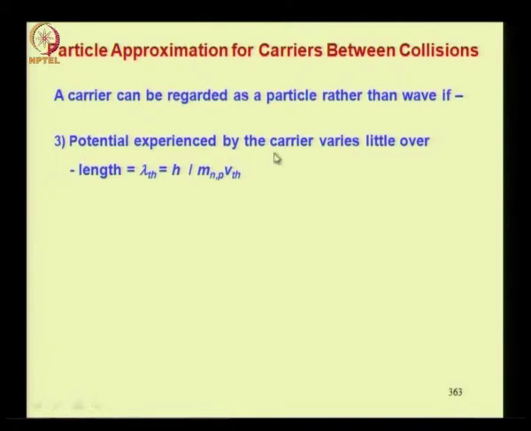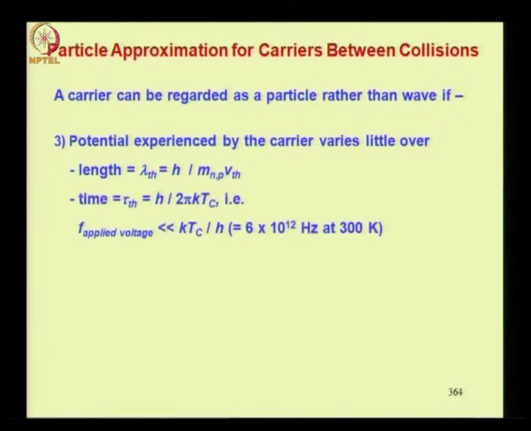The potential experienced by the carrier varies little over the length de Broglie wavelength lambda thermal, or the potential varies little over the time scale tau thermal, right, which is h by 2 pi kTc, which can be converted into frequency, and the inequality would then be the frequency of applied voltage should be much less than kTc by h, and that is 6 into 10 power 12 hertz at 300 K. Now you see this frequency is really very high, and therefore for most practical frequencies the particle approximation will hold for carriers.